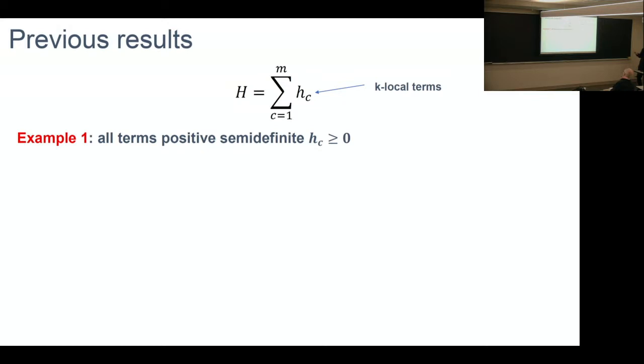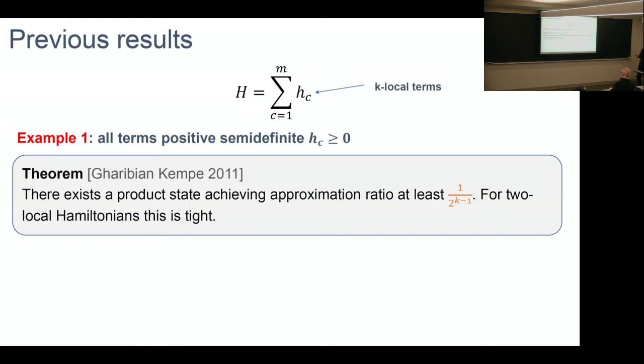If you have k-local, positive semi-definite terms, there's a theorem by Gharibian and Le Gall, which says that the product state achieves an approximation ratio of 1 over 2 to the k minus 1. For example, for two-local qubit Hamiltonians with positive semi-definite terms, you can get an approximation ratio of 1/2 using product states, and there are examples where that's the best possible, so this cannot be improved.